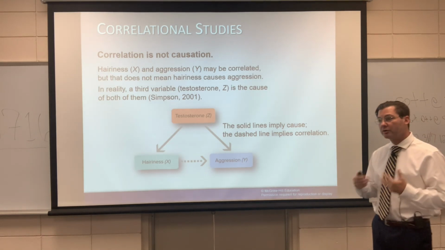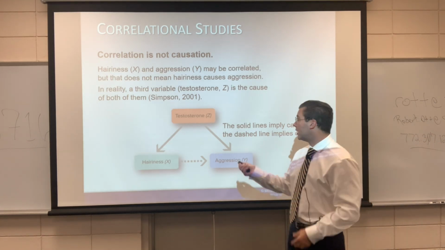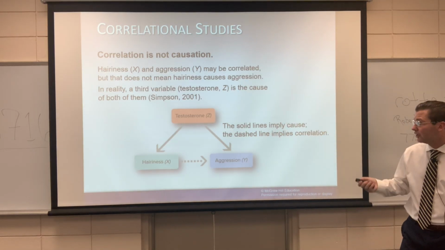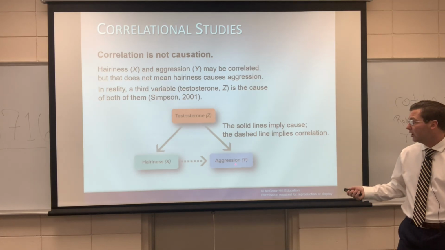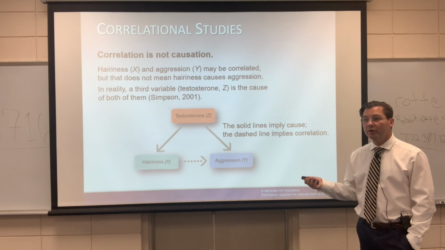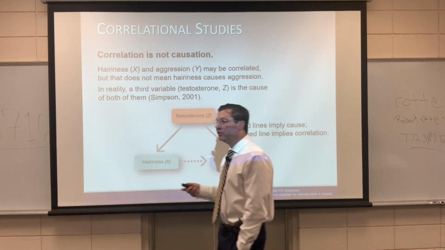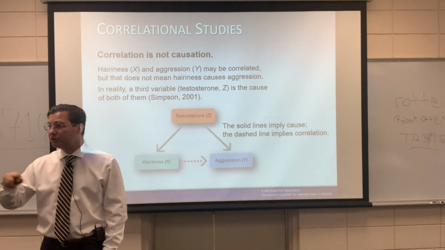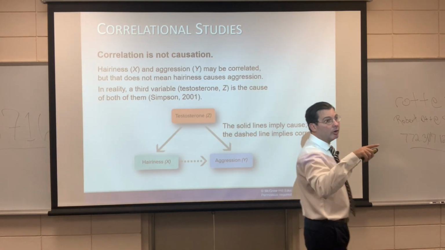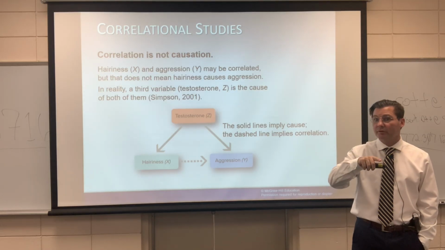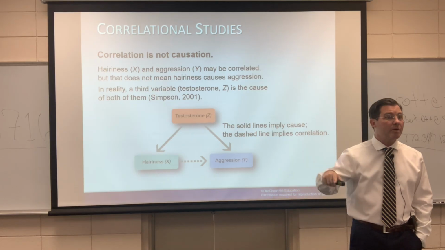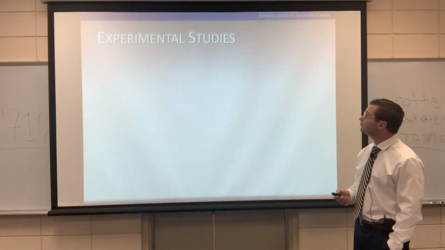And when they drill down on this even further and investigate testosterone levels, they find that certain levels of testosterone produce both hairiness and also aggression. Interesting, right? So when you run correlational studies, they're not going to be able to reveal cause or effect, but there's less cost associated with running a correlational study when measured against an experiment.